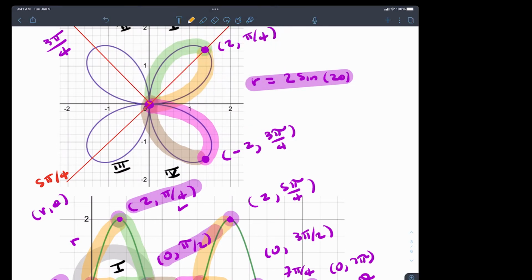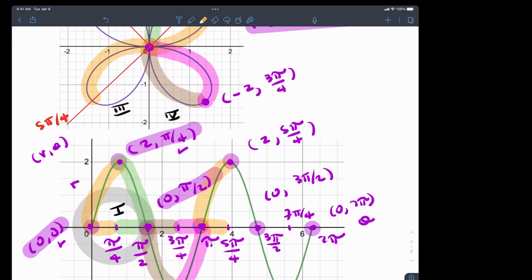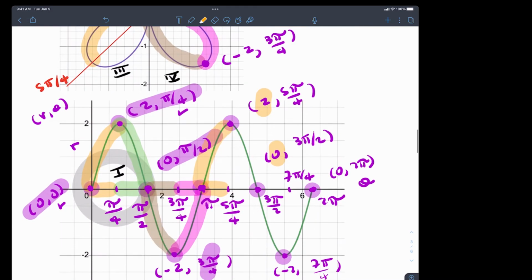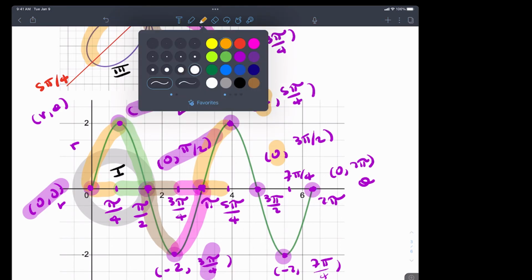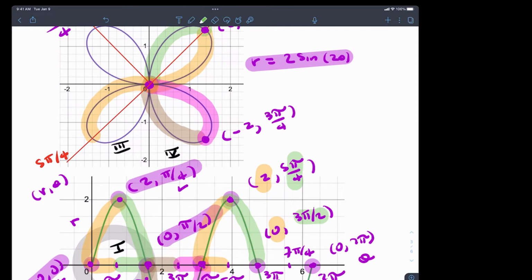So you go from radius 0 to radius 2, and that's this portion here. And then in green, you're coming back from radius 2 to 0, and that angle goes from 5 pi over 4 to 3 pi over 2, which is 270. So you're going back to a radius of 0 here.